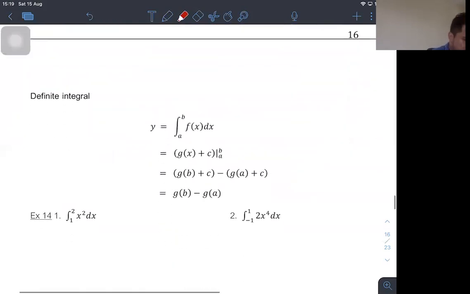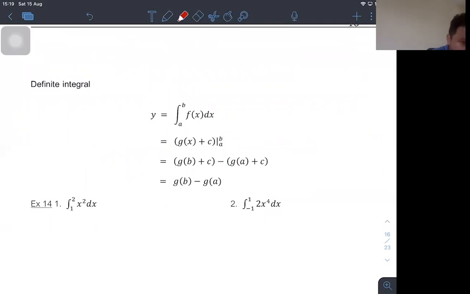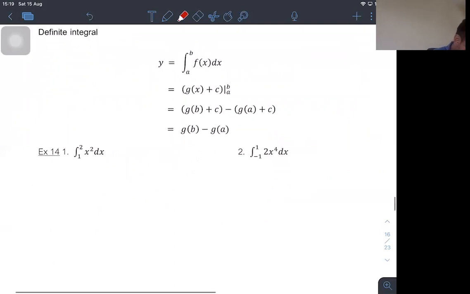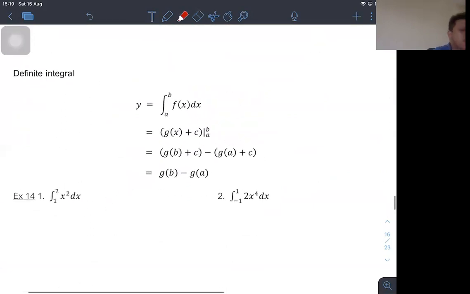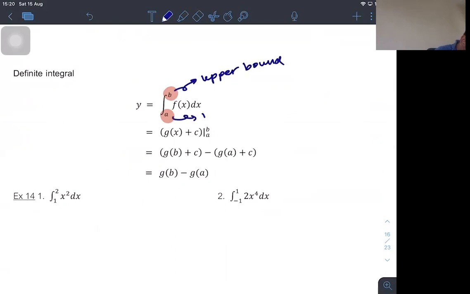And the other type of integral that we would come across in many of the examples is the definite integral. It is the integral with a lower bound and an upper bound. After we perform the integral, what we do is substitute the lower bound and upper bound into the equation.